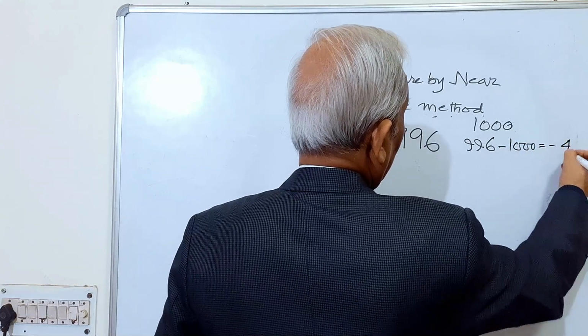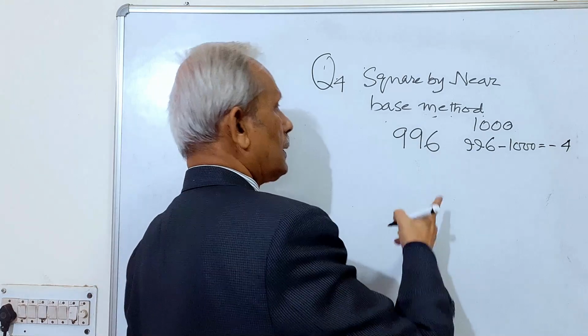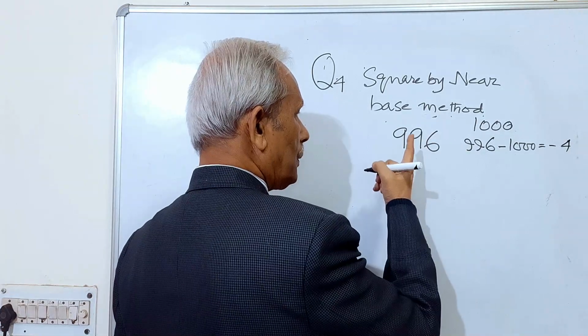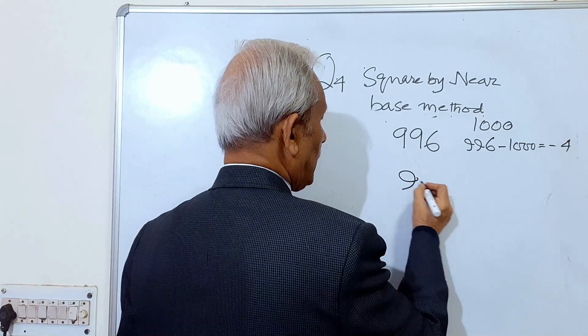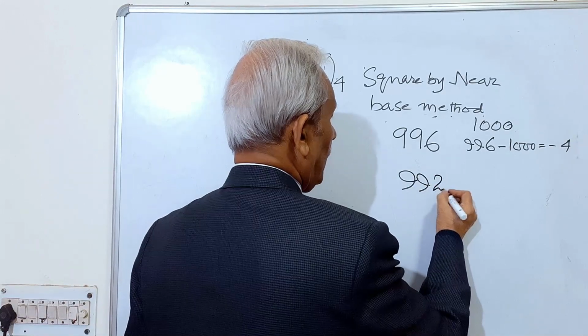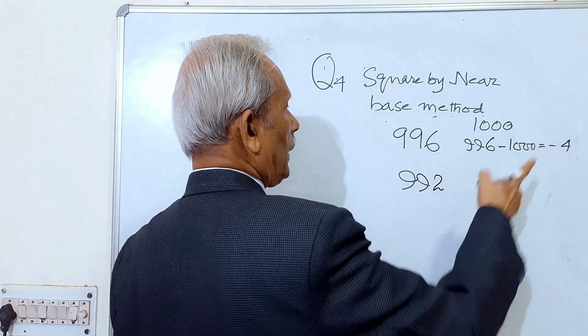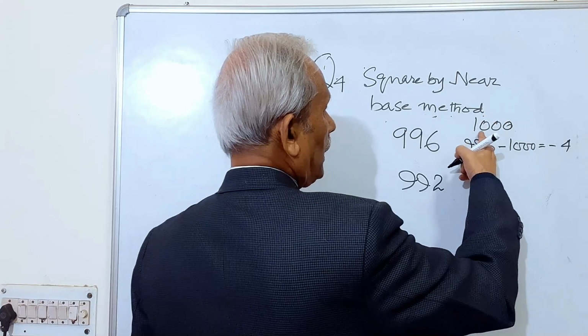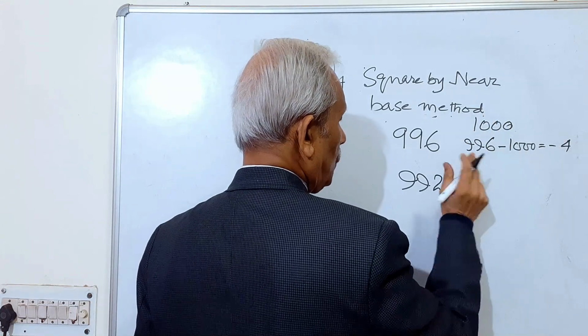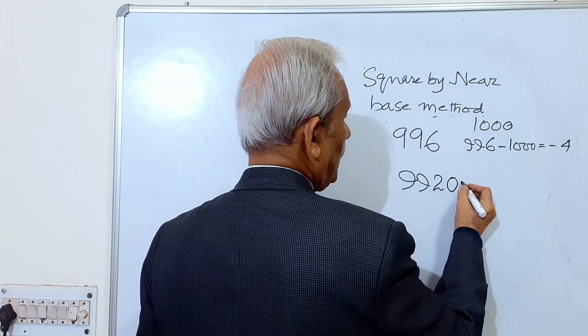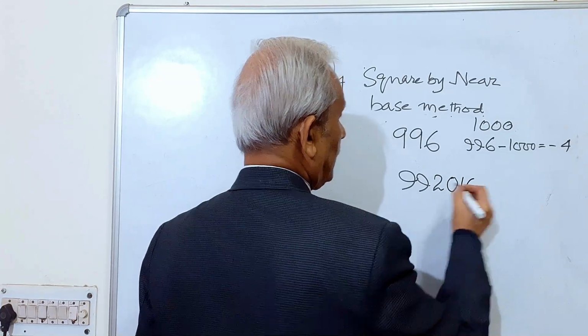Since it is minus 4, we'll deduct 4 again from 996. It will make 992. And the square of minus 4 is 16, but there are 3 zeros here, so you have to put 3 digits here. 16 is 2 digits, so we will add a 0 here and write 16 as it is.